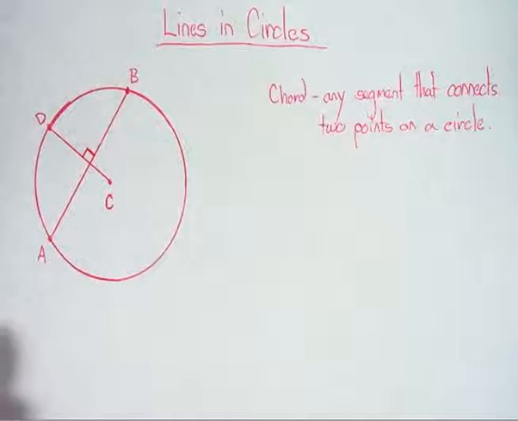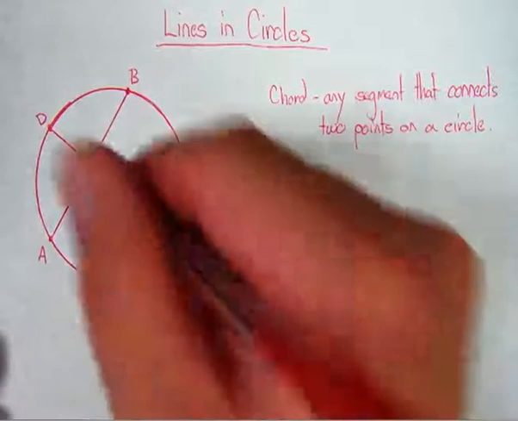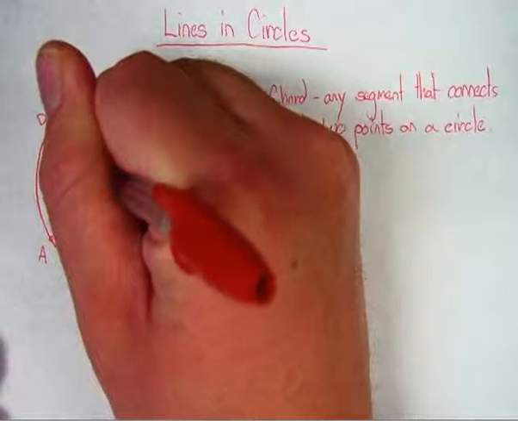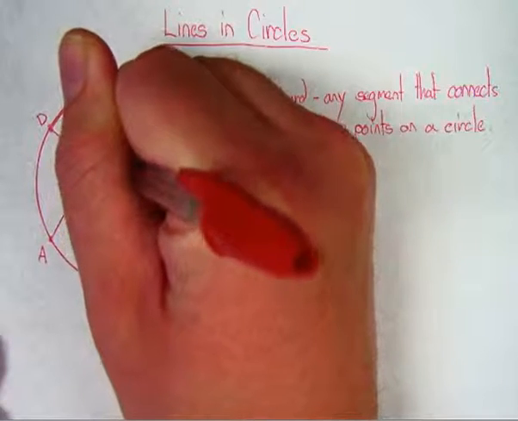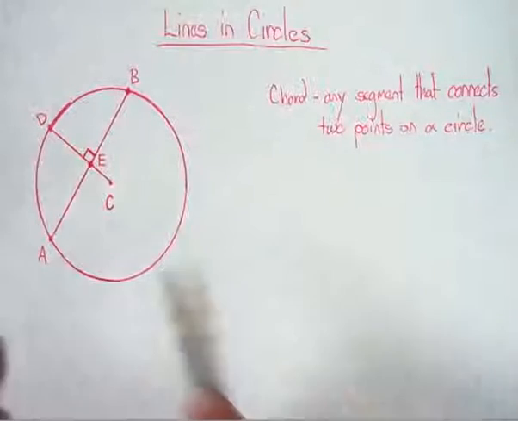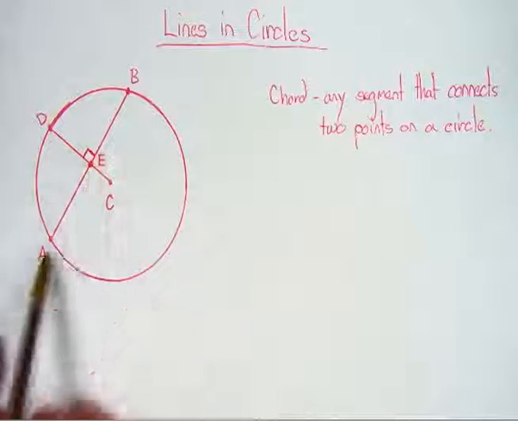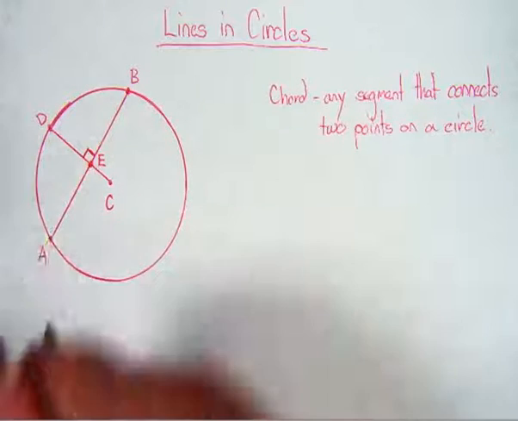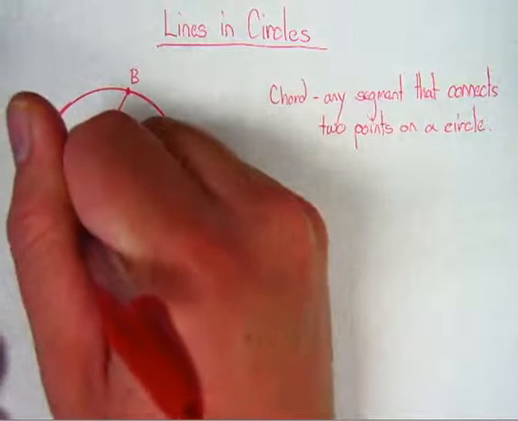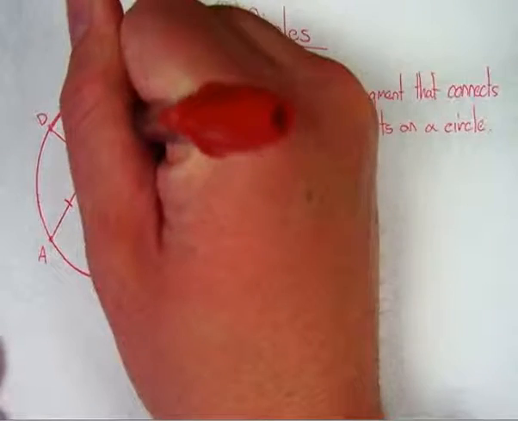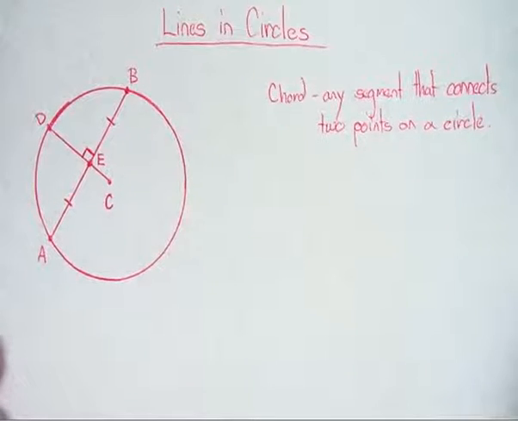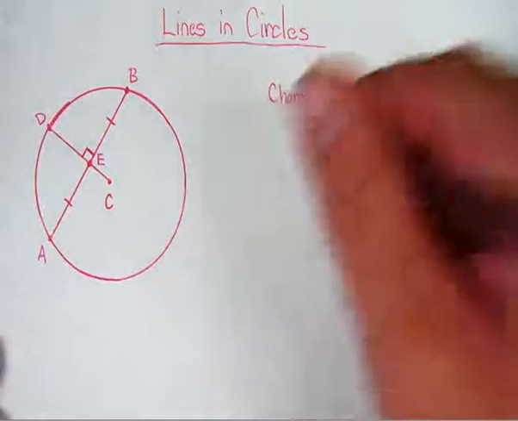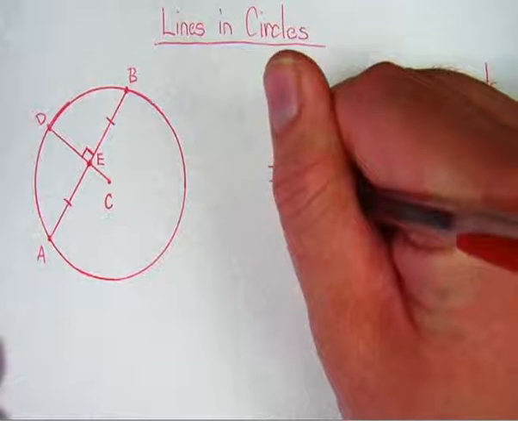If you have this situation, what happens is that the chord will be bisected. So again, if the radius and the chord are perpendicular, the chord gets bisected, so segment AE would be congruent to segment EB.